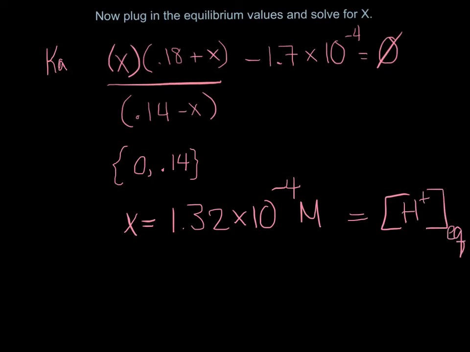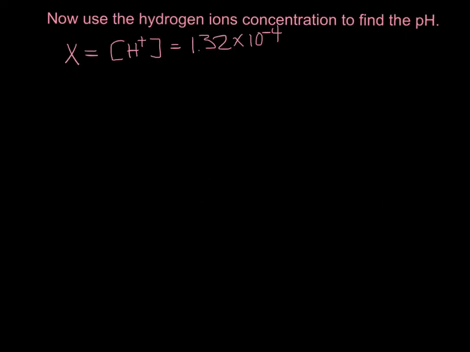Now, that wasn't all that this problem was asking. The problem actually asked for the pH of this. So now that we know the concentration of the hydrogen ion, we want to find the pH. Now, we know that pH is defined as the negative log of the concentration of the hydrogen ion.